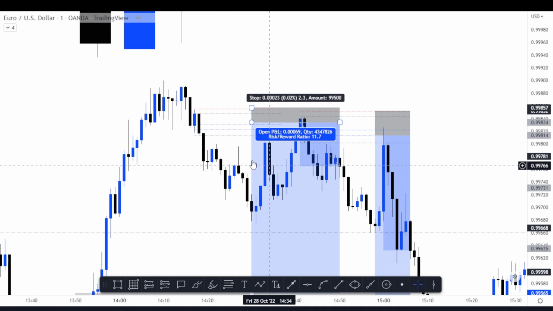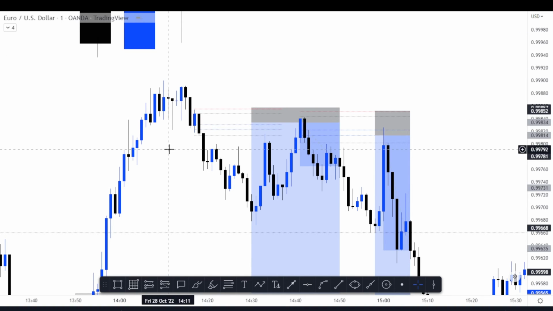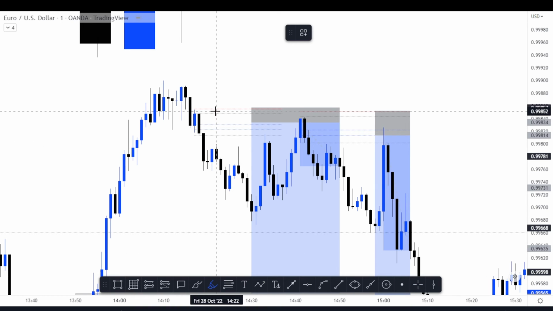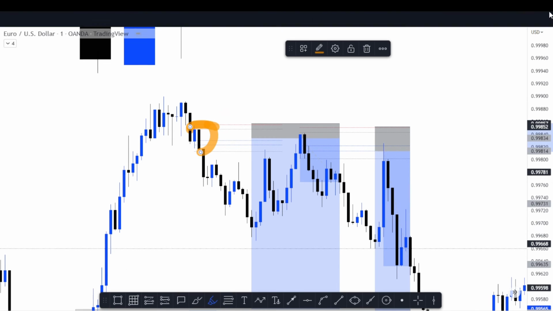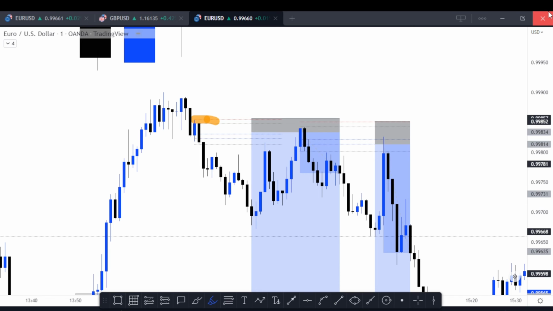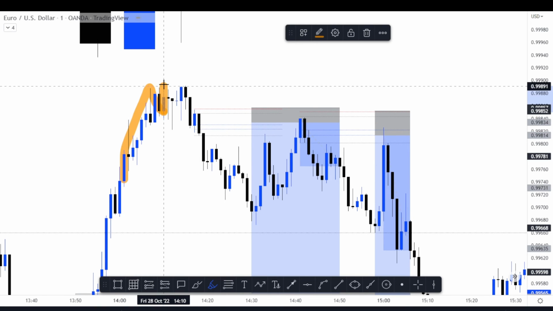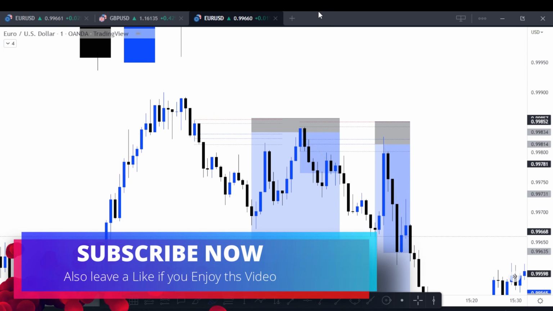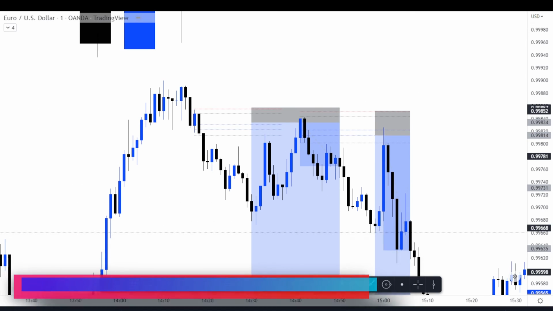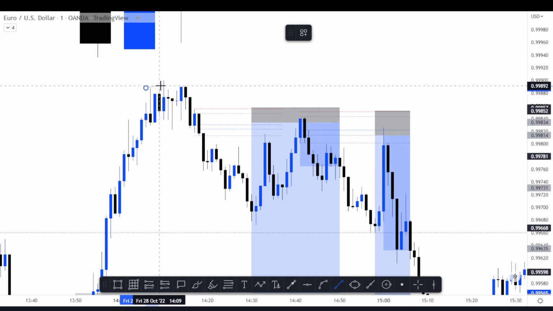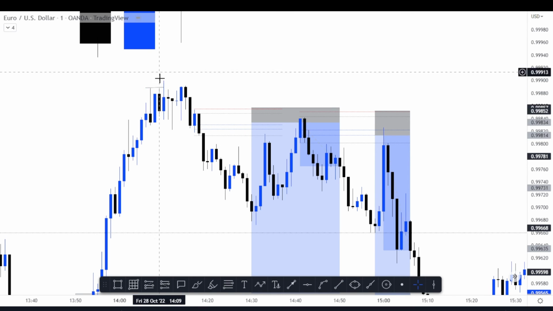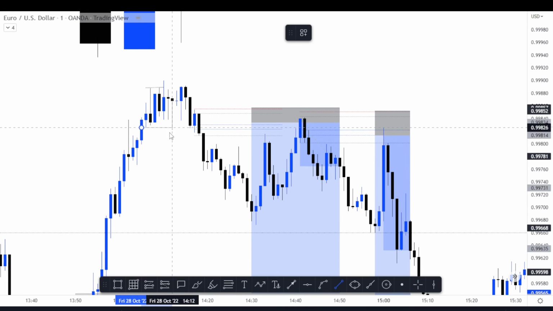So basically, now you might say, okay, there's no protection here, right? But what if I tell you that there was? So you really need to understand the concept. Now, as price was pushing up, you see that this candle protected this zone. So this candle alone swept liquidity, and there was a change of character.